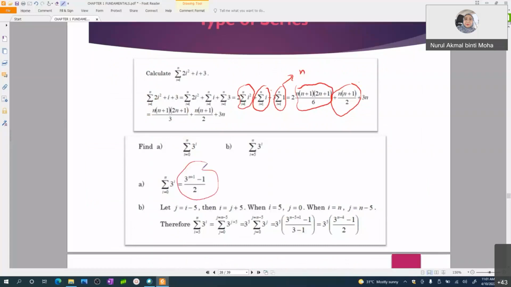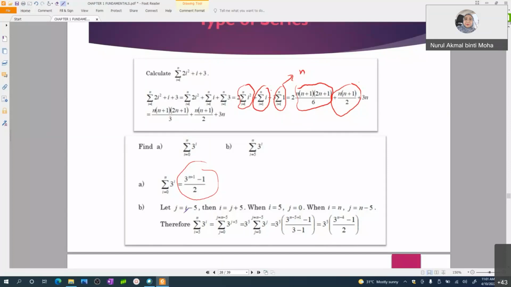For B, i starts from 5 instead of i starting from 0. If i starts from 0, you know that you can take the answer straight away from this formula. But for B here, instead of i starting from 0, it is given that i starts from 5.